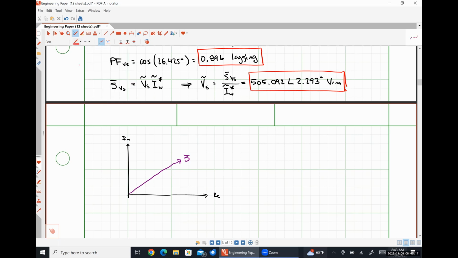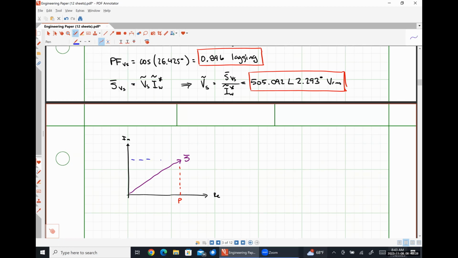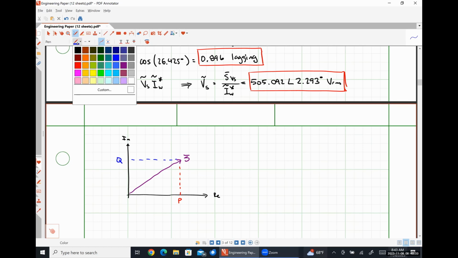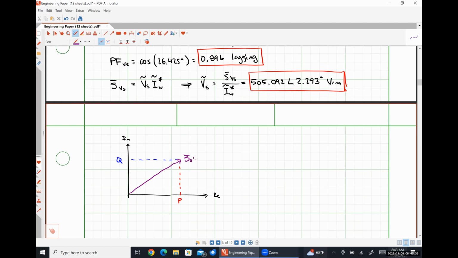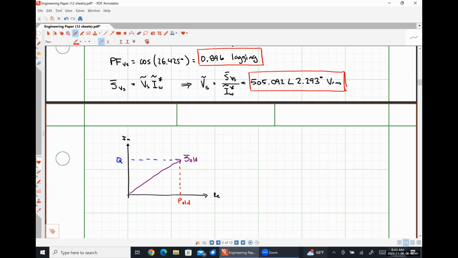Once again, the projection of this complex power onto the real axis gives us our average power, and the projection onto the imaginary axis gives us our reactive power. I'm going to use the subscript old here to denote that this is what the system looks like prior to power factor correction. And while I'm at it, let's identify this angle, theta old, as well.